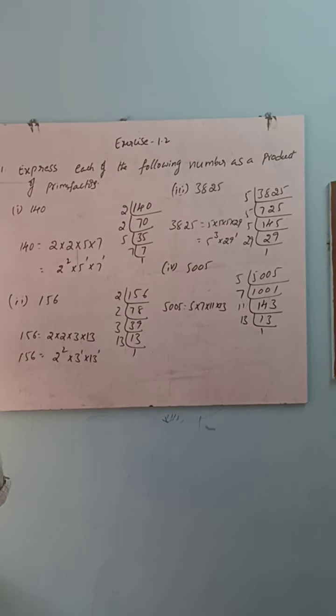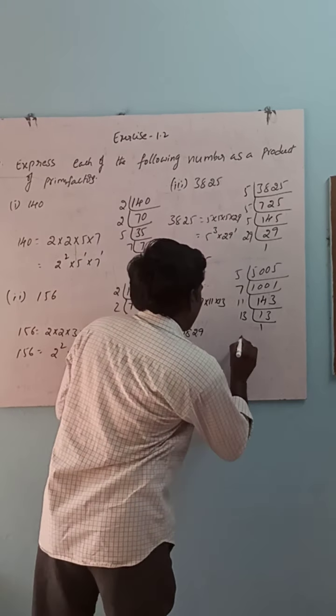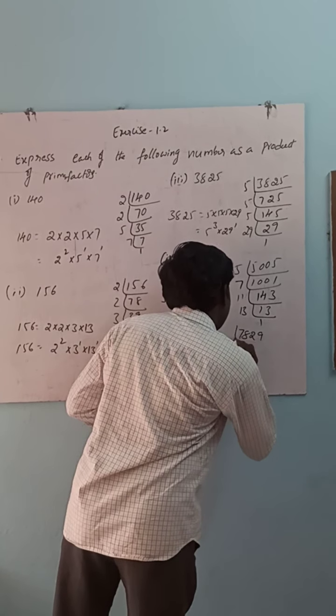Okay, next, last one, fifth one: 7429. So 7429 is not divisible by 2.